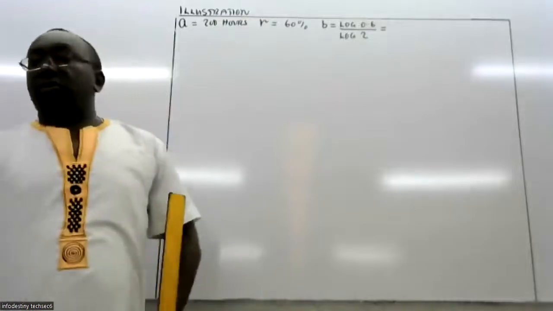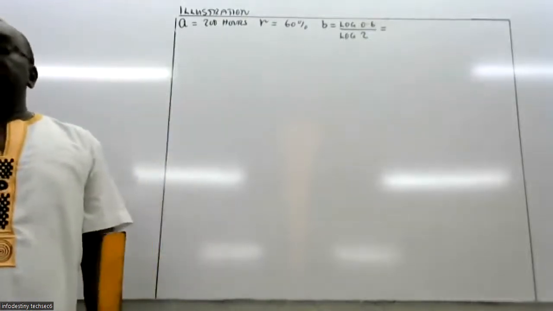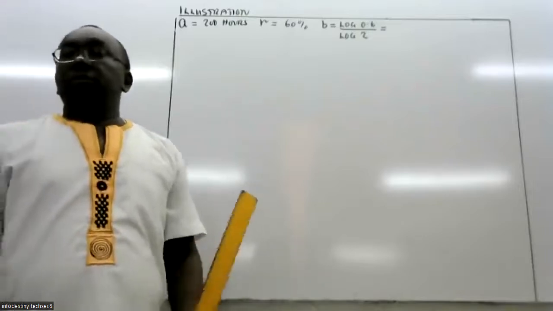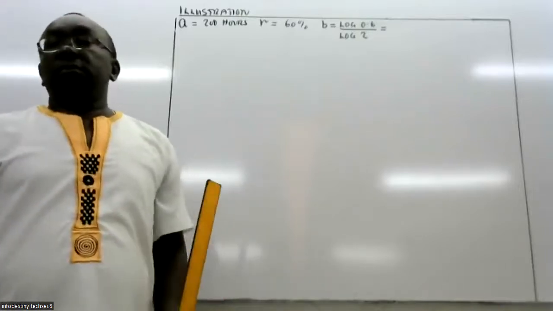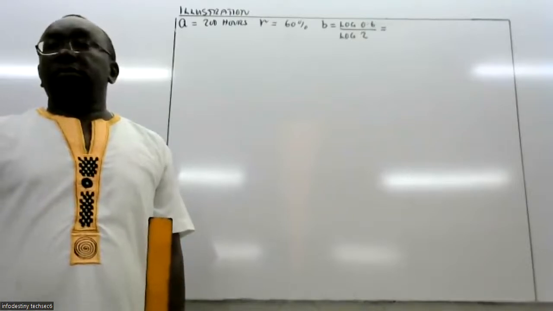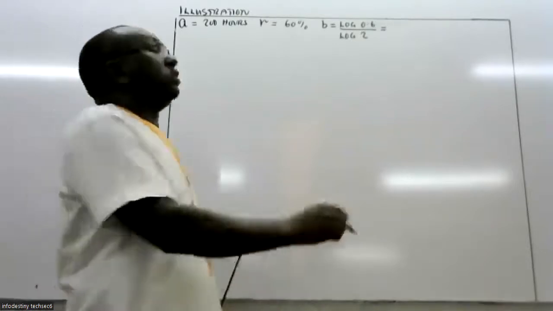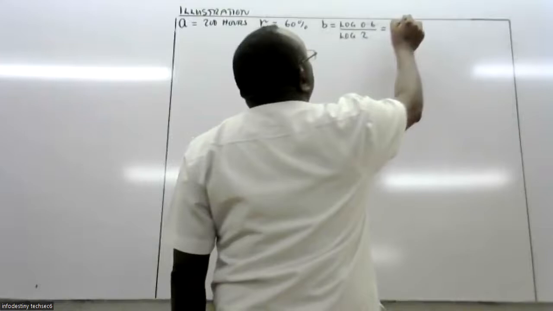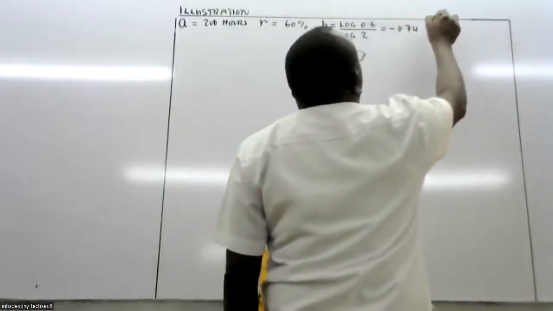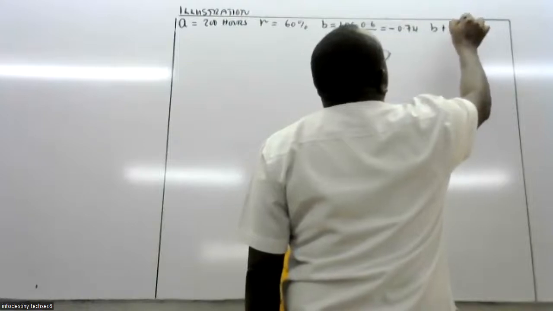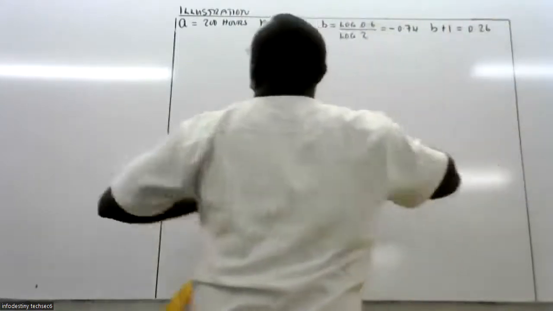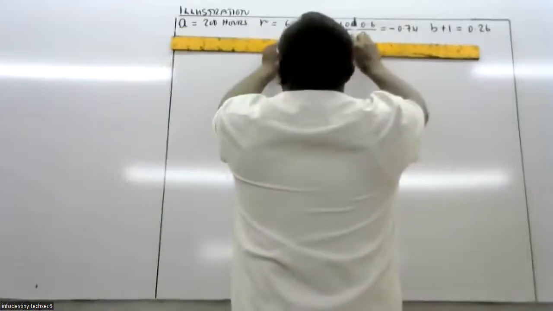Give me the answer to 2 decimals. Negative 0.74. Okay, then B plus 1 is 0.26.